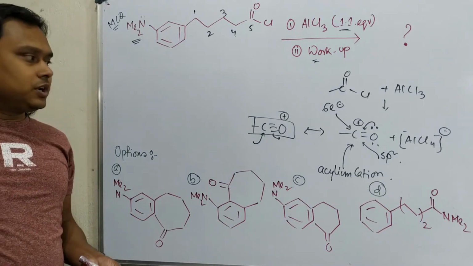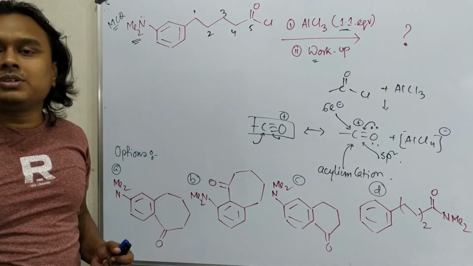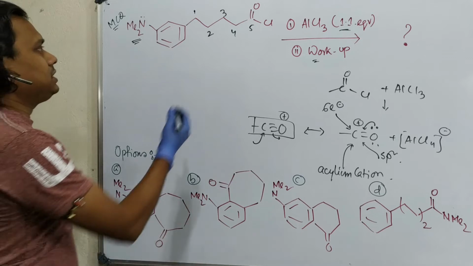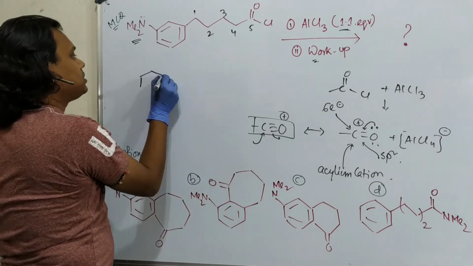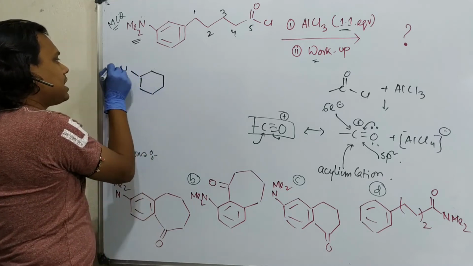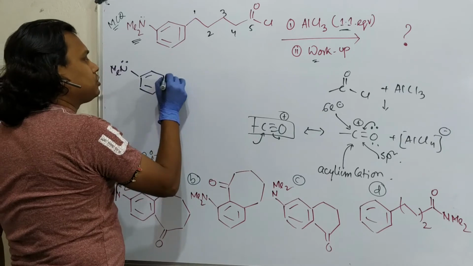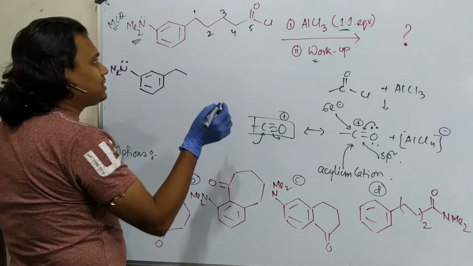From this study, we understood that acylium cation will be formed. Now, let me draw the structure again. This is NMe2. Students, always remember this nitrogen atom also has a lone pair. Let me draw it a little differently.